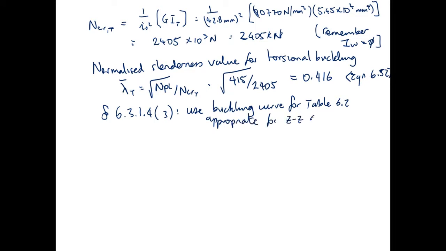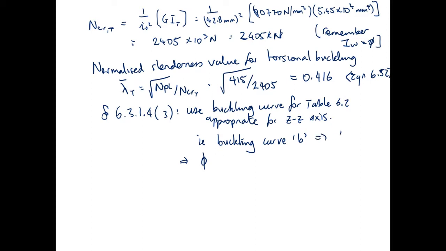So when we're looking at torsional buckling, we basically use the buckling curve about the ZZ axis. Here that is buckling curve B. In this case, actually, because it's an angle section, it doesn't matter which axis it is, because it's the same for both axes.